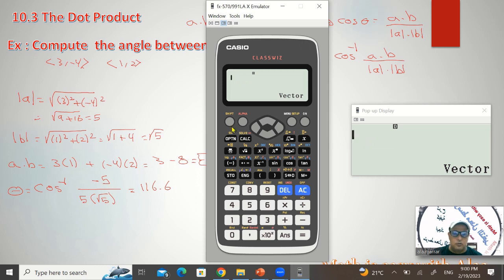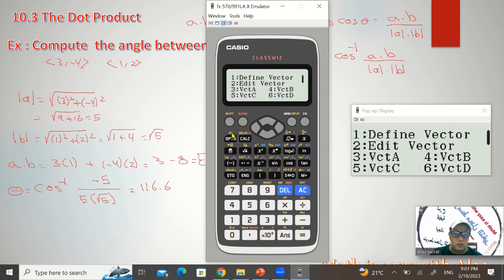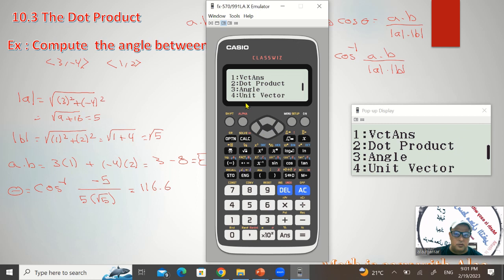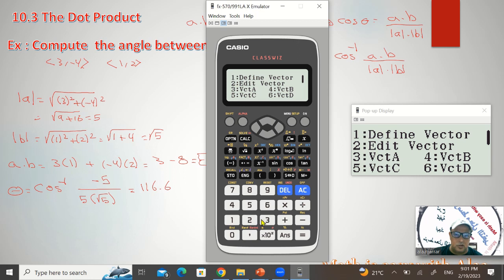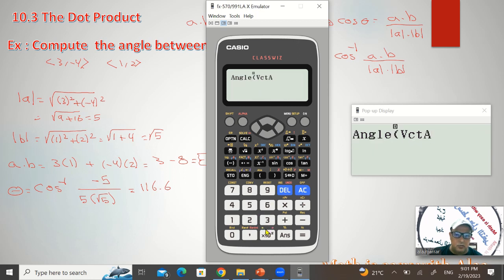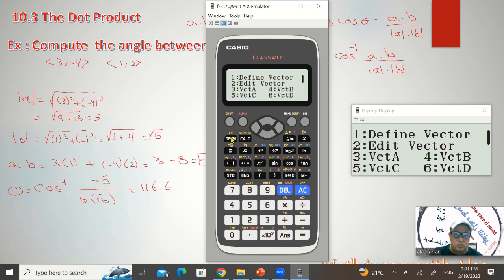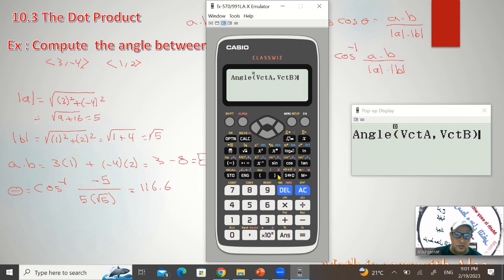Now I will go to option, then I will go here to angle, and I write vector A, option vector A, and I will choose the comma here. Then I go again to option and vector B. Close the brackets.